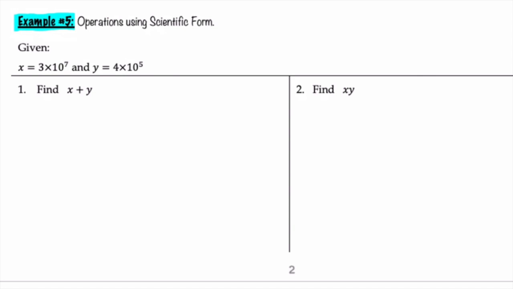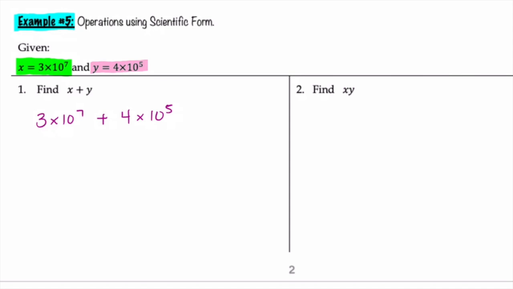Here we are going to be doing operations using scientific form. We have been given x to be 3 times 10 to the 7th power and y to be 4 times 10 to the 5th power. Number 1 wants us to add x and y. So I'm going to set it up. Now, the one thing that we want to think about is we're adding two things that have a base 10 raised to a certain power.